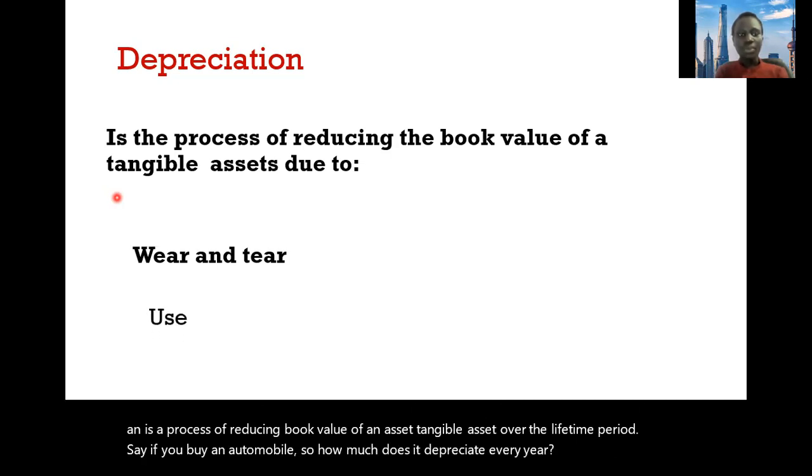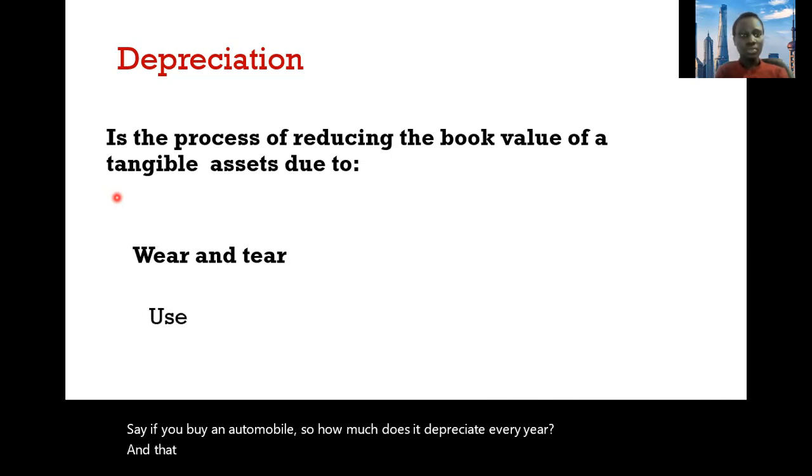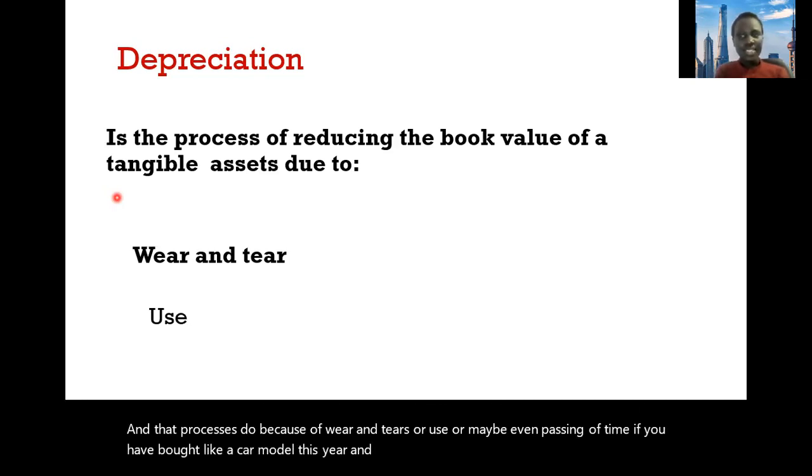That process is due to wear and tear or use, or maybe even the passing of time. If you have bought a car model this year, then in the next 3 years, it will not really be worth the same amount.